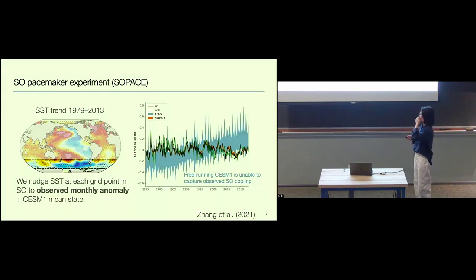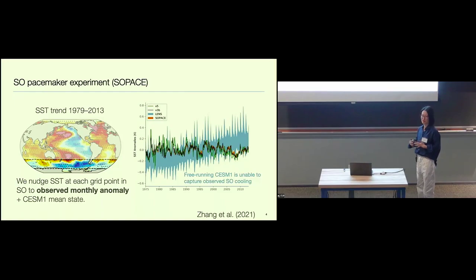To do this, we're doing the Southern Ocean pacemaker experiment. How it works is that we choose a region that we're interested in to nudge, and in this case, we're choosing the Southern Ocean. We nudge the SST in the fully coupled climate model at each grid point to the observed monthly anomaly plus the model's mean state.